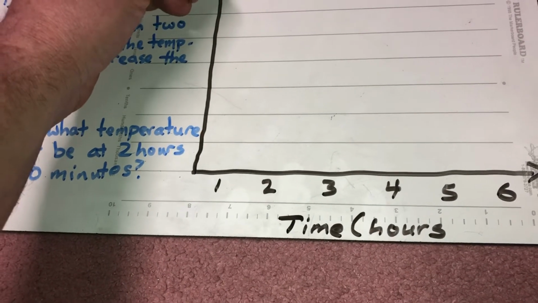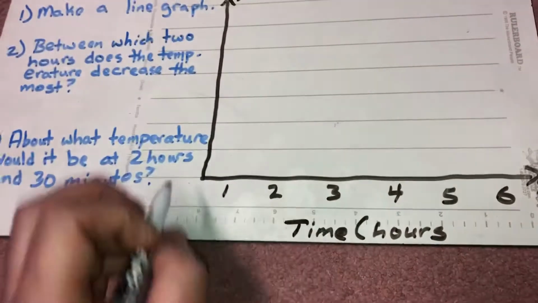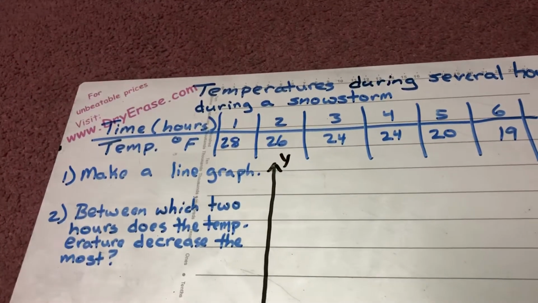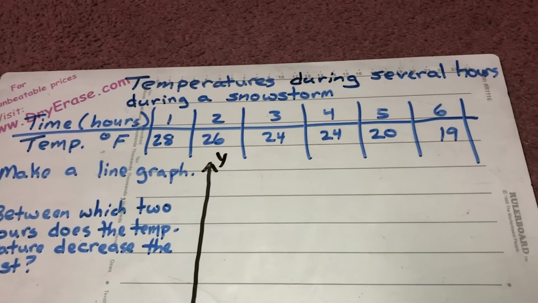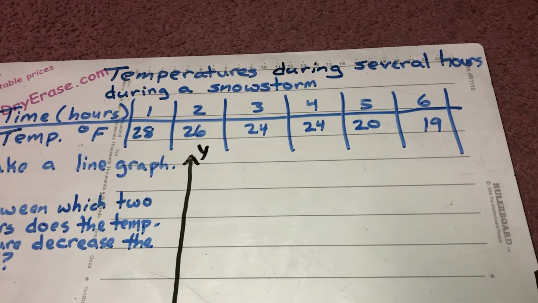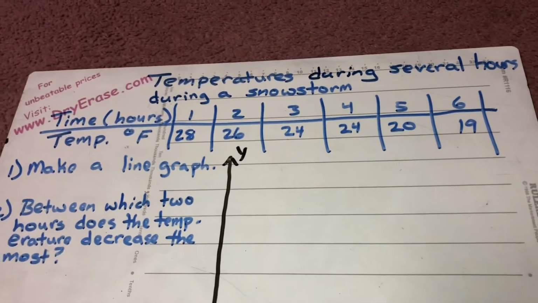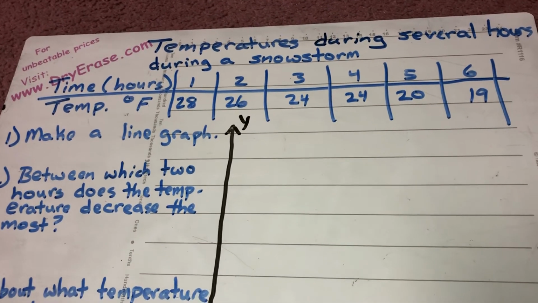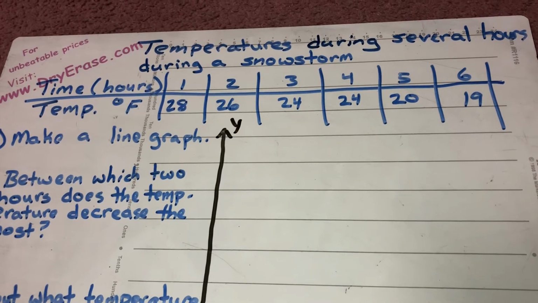Up here with our y-axis. There's 0. And temperature, degrees Fahrenheit. It says 28, 26, 24, 24, 20, and 19. So I have to get as high as 28, but my smallest number is 19.